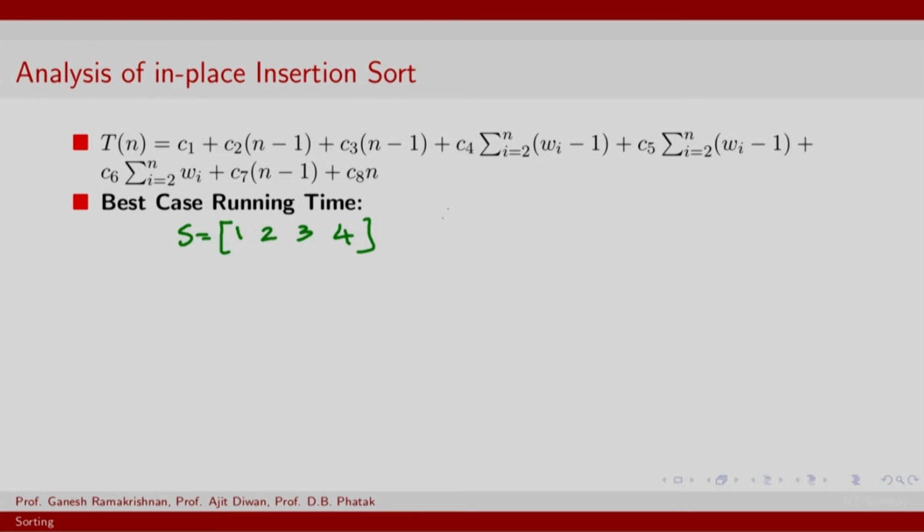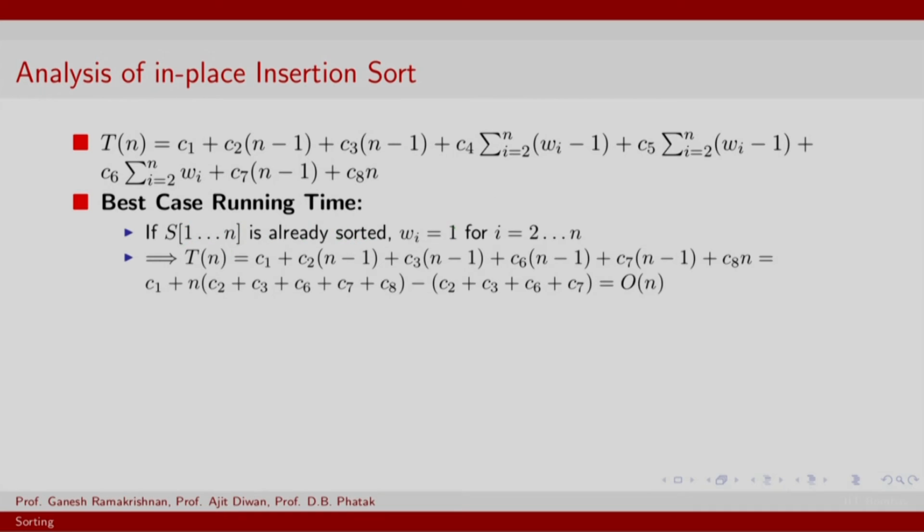As a result, the best case running time is when the Wi's are 1 for all values of i, and these terms do not contribute anything at all. There is contribution from this term, but it is again Wi, so just n times C6. The rest is as was discussed earlier, and this all turns out to be just order n.